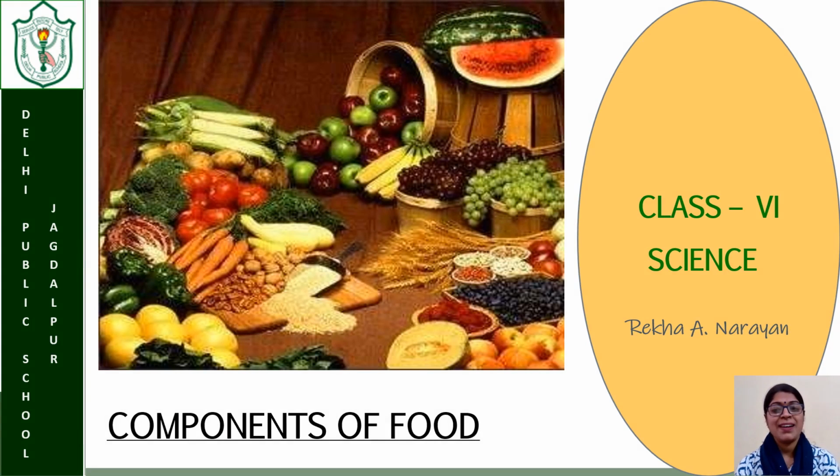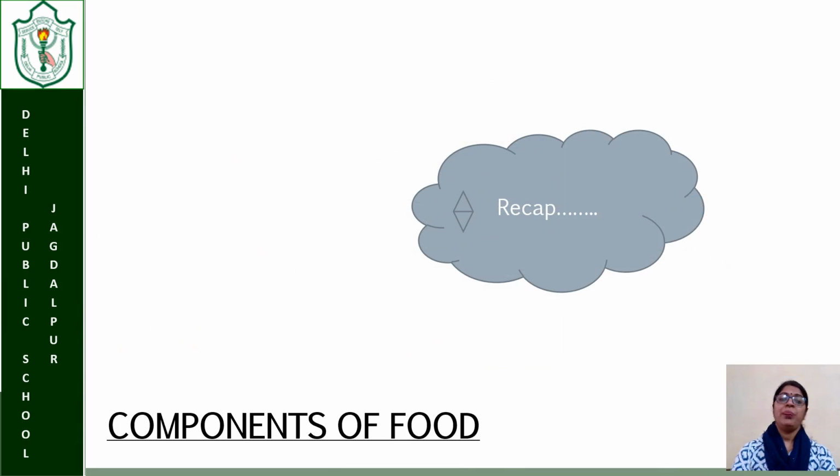But before I start today's topic, what will I do? I will do a little revision of what we have done in the previous class. In the previous class, I finished all the important components of food, that is carbohydrates, proteins, fats, vitamins, minerals, roughage and water.